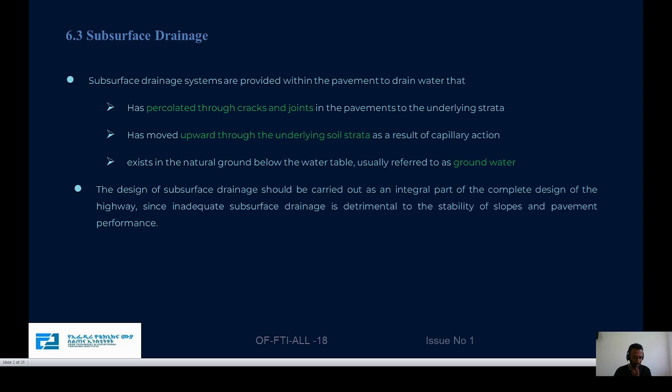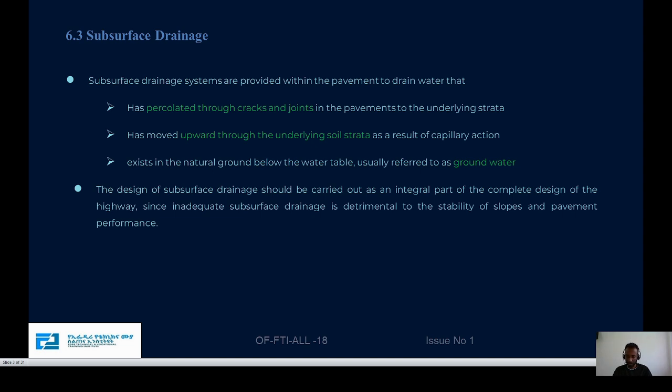So the design of subsurface drainage should be carried out as an integrated part of the design of the highway. Inadequate subsurface drainage is a very serious problem for the stability of slopes and also for pavement performance.